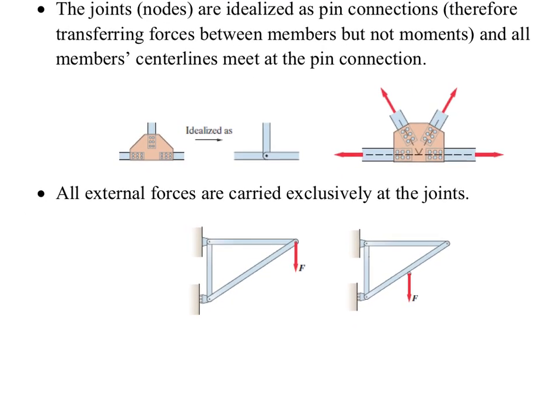The last criteria, or the third criteria, and the last one here, is that all of these external forces are carried specifically at the nodes or joints themselves. So we'll notice here, this is what we're actually looking at. This is not a truss structure, or this would not be considered to be a truss structure. Now, realistically, are things going to be carried only at the node?